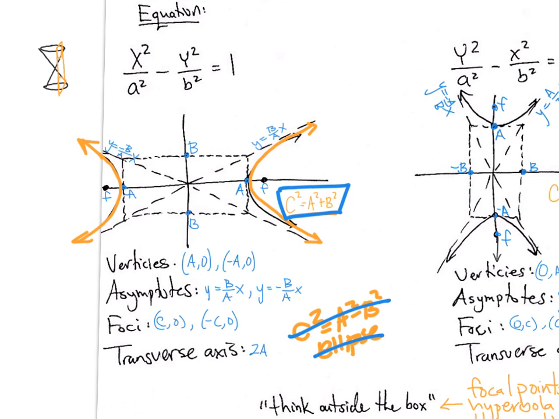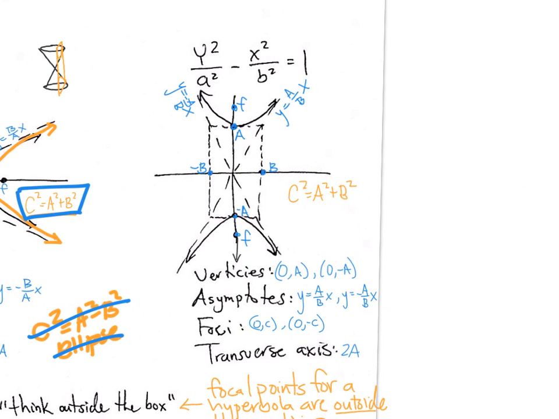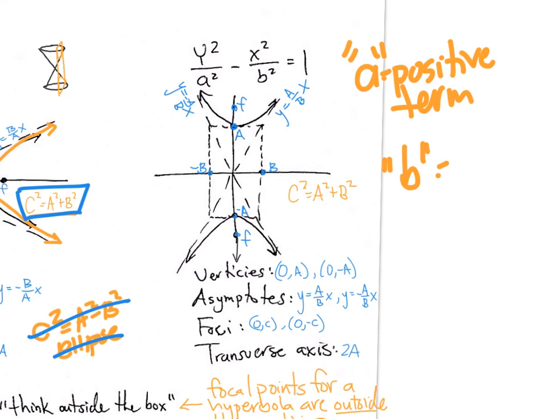And notice how x was the positive term. We may also have the situation where y is the positive term and the x term is being subtracted. Notice how a is underneath the y. So a is always part of the positive term, and b is part of the negative term, or the one that's being subtracted.